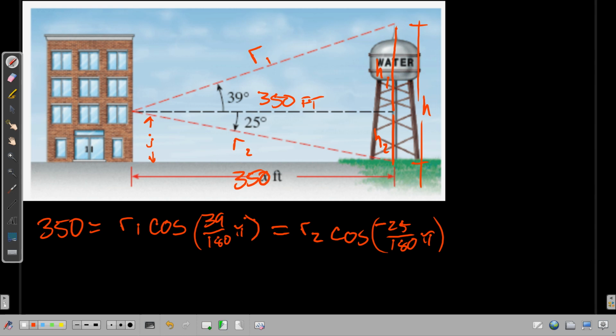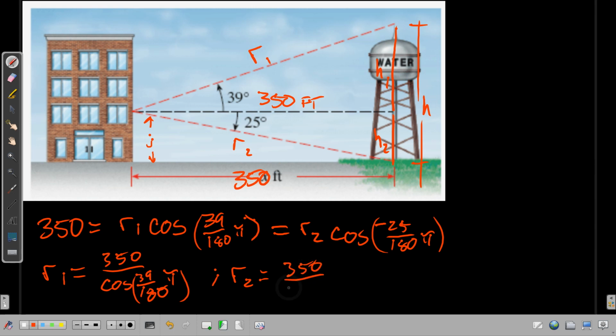So R1 would equal 350 over cosine 39 over 180 pi, and R2 is equal to 350 over cosine of negative 25 over 180.